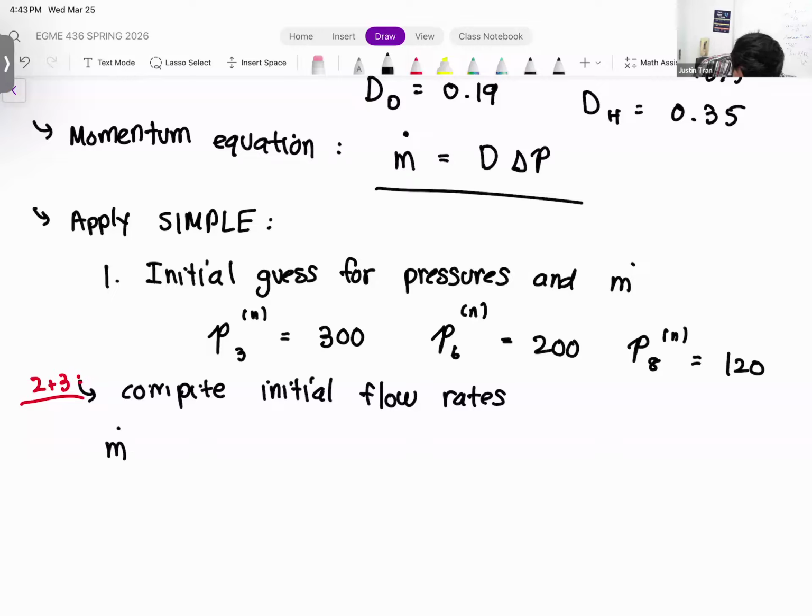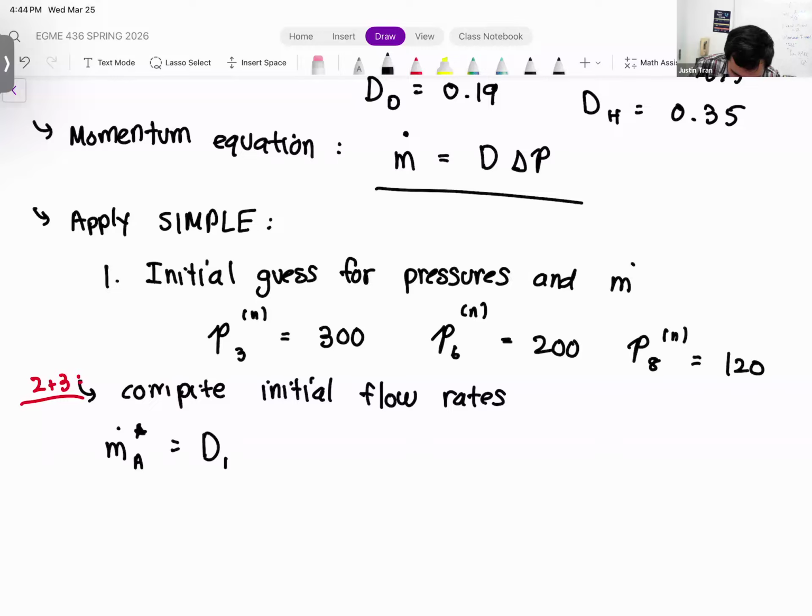Okay, so we have m dot A, right? And since this is going to be an intermediate flow rate here, we're going to give it a star. So when you're computing the flow rates in these problems, you have to be a little bit careful because you want to make sure that you put the pressures in the right order, right?